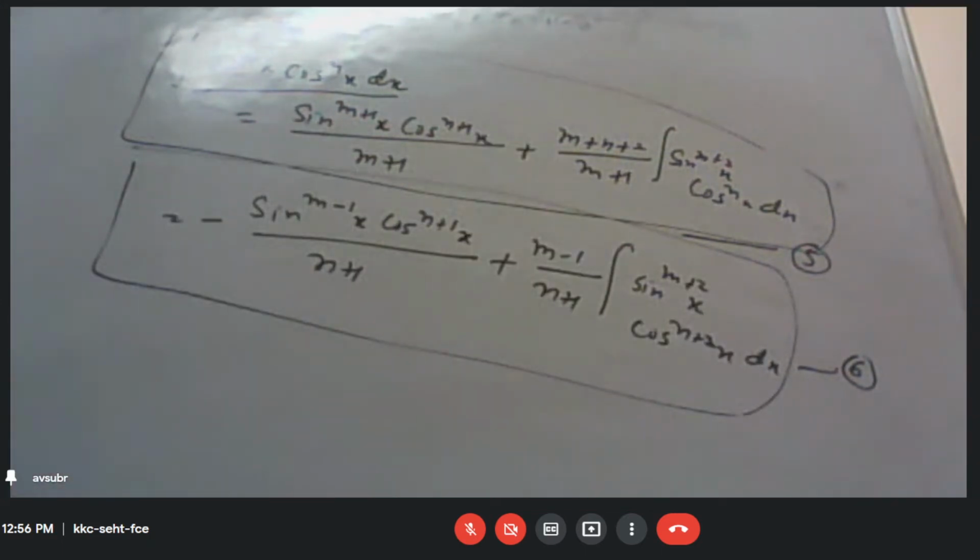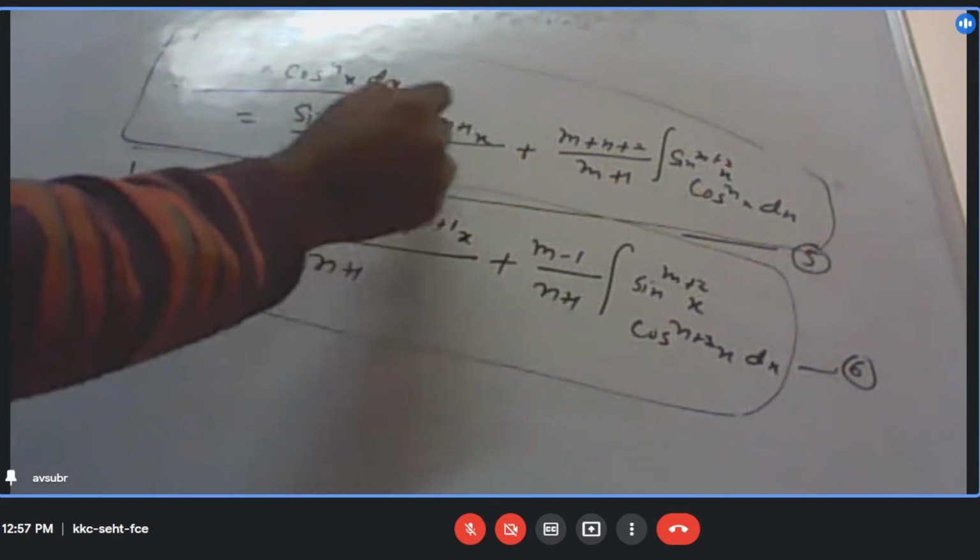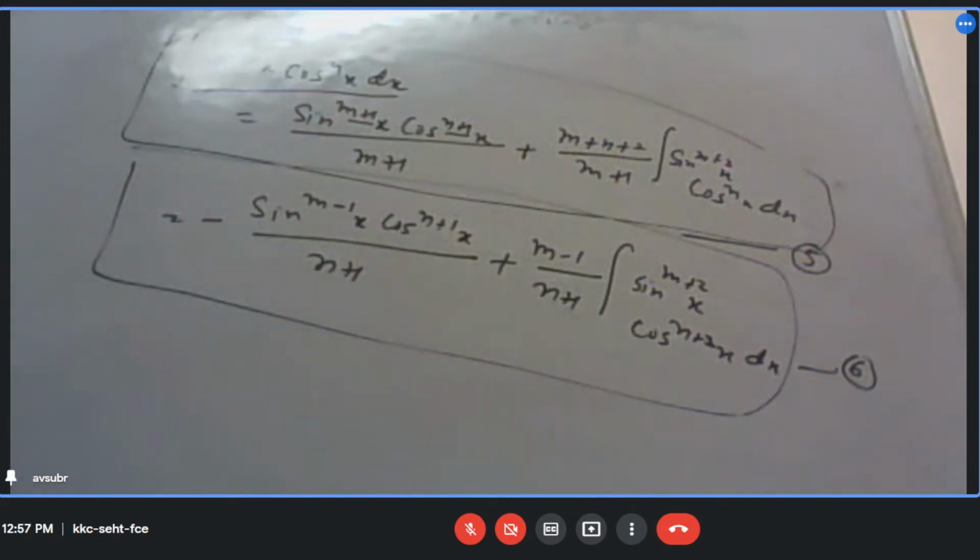In the fifth form, it is sin to the power m plus 2 x into cos to the power n x dx. Okay, sir, got it. Sir, in the fifth form, the first term is sin m plus 1 and cos n plus 1, so this is m plus 1 and this is n plus 1. Okay.